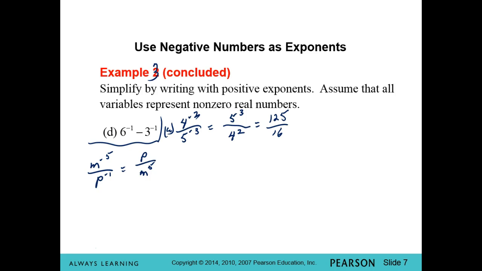No, that's something else. Okay. P over m to the 5th. Perfect. C here, that was B. C here, okay, is a to the minus 2 b over 3d to the minus 3.